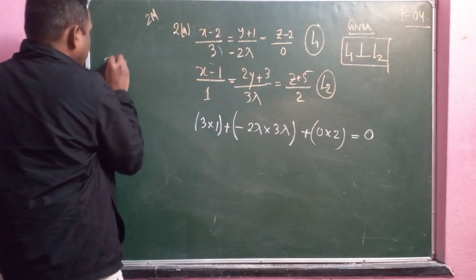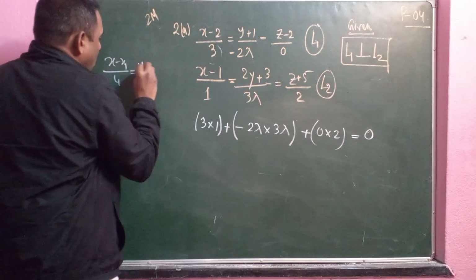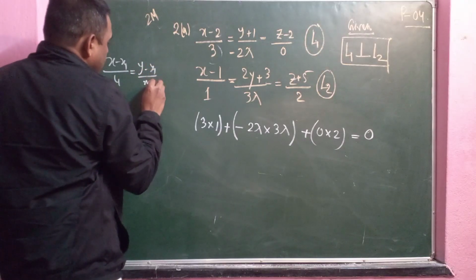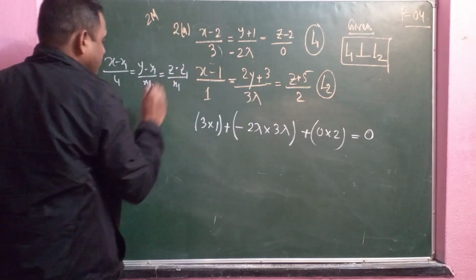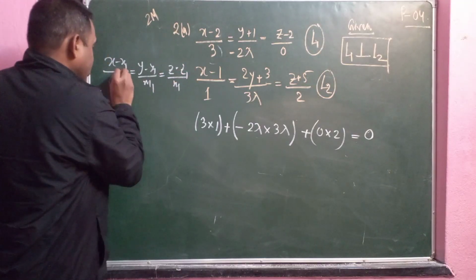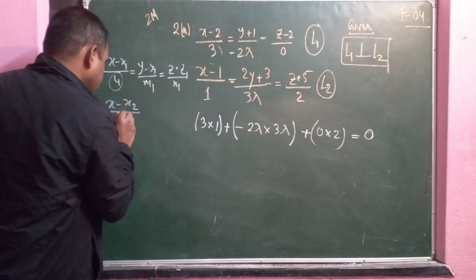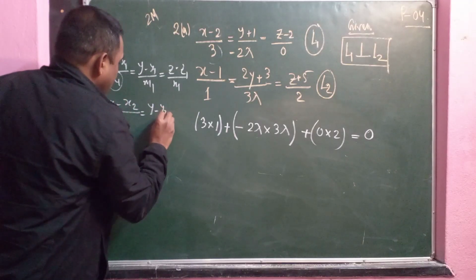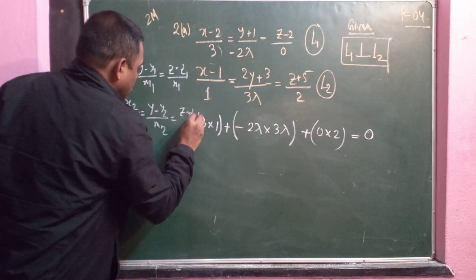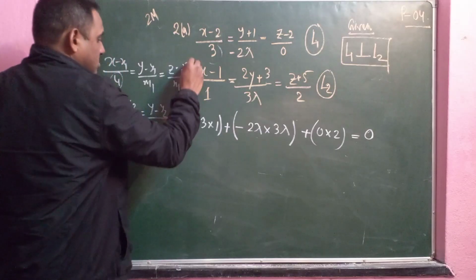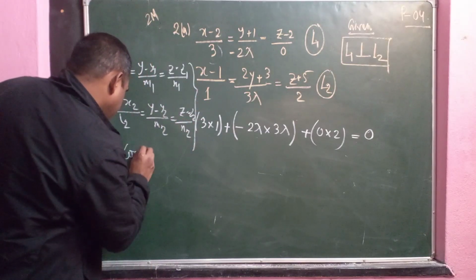Because if (x minus x1) by L1, (y minus y1) by M1, (z minus z1) by N1, and these direction ratios (x minus x2) by L2, (y minus y2) by M2, (z minus z2) by N2, suppose these are the two lines. Now what will be cos theta?